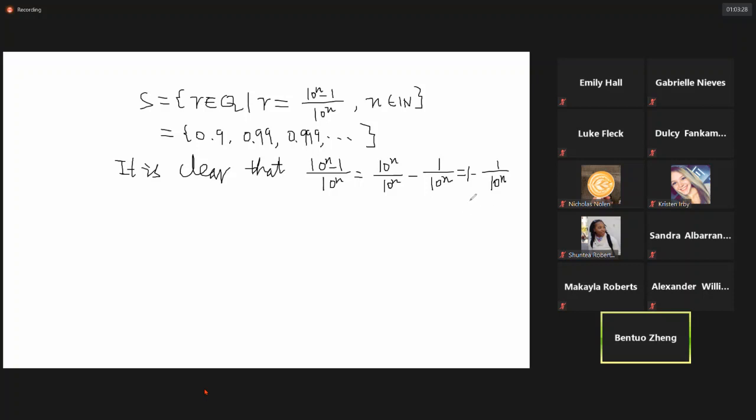So this is less than 1. So 1 is an upper bound.